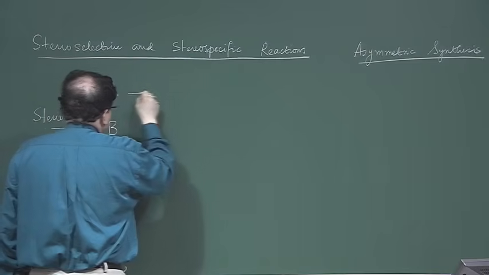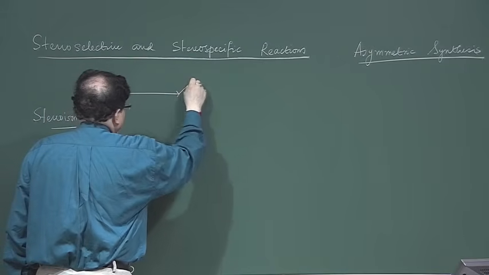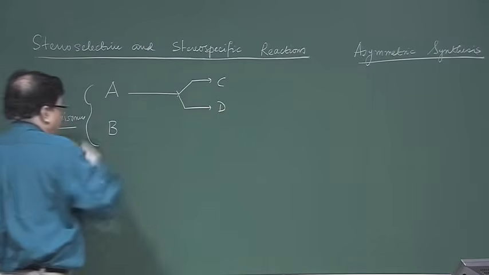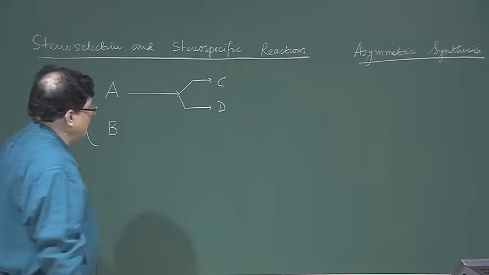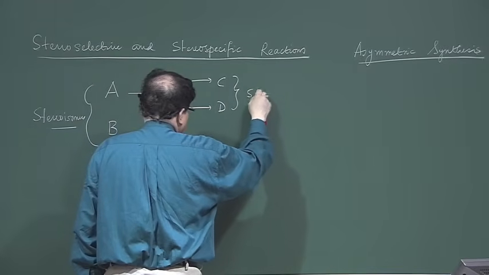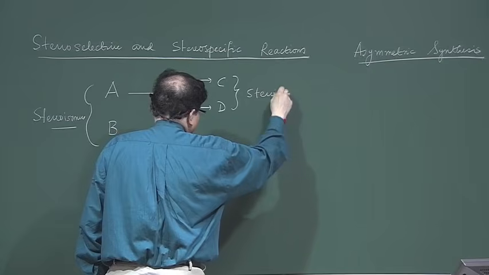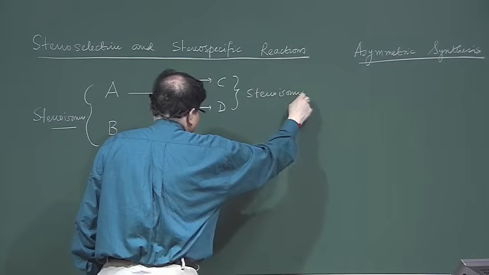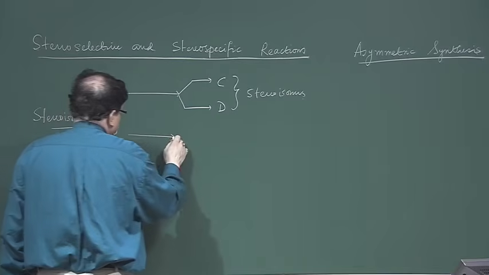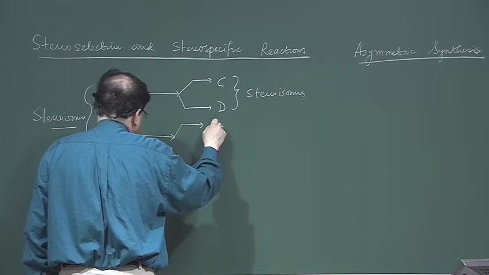And if there is a possibility of formation of C and D from the stereoisomer A, and the relationship between C and D are also stereoisomers, and suppose the same C and D can also be obtained from B.